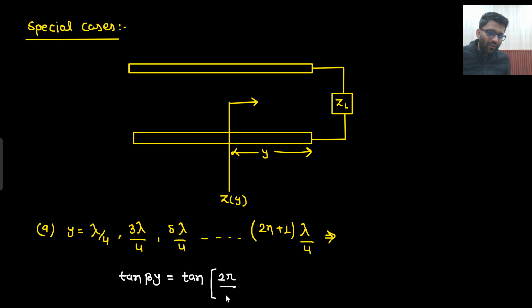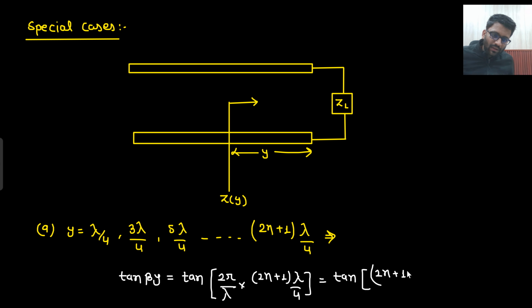So I need to find tan beta y. What is the value of beta? 2 pi by lambda into (2n plus 1) lambda by 4. Lambda and lambda got cancelled, so you get tan of (2n plus 1) into pi by 2. Now if I put n equals 0, I get tan pi by 2.